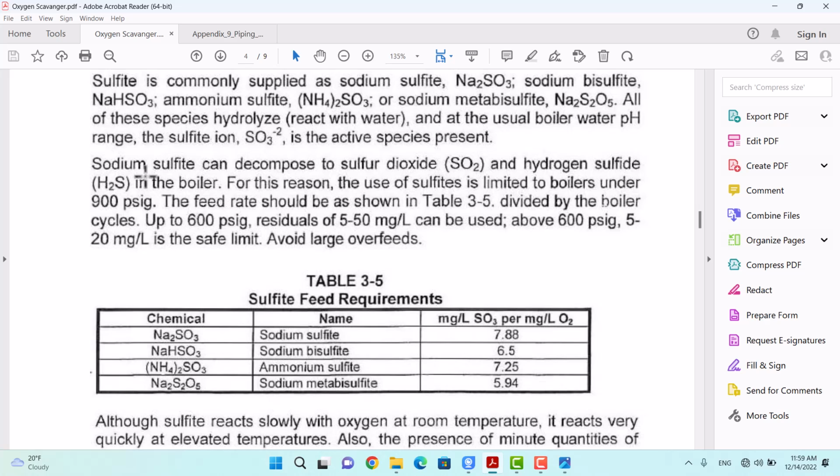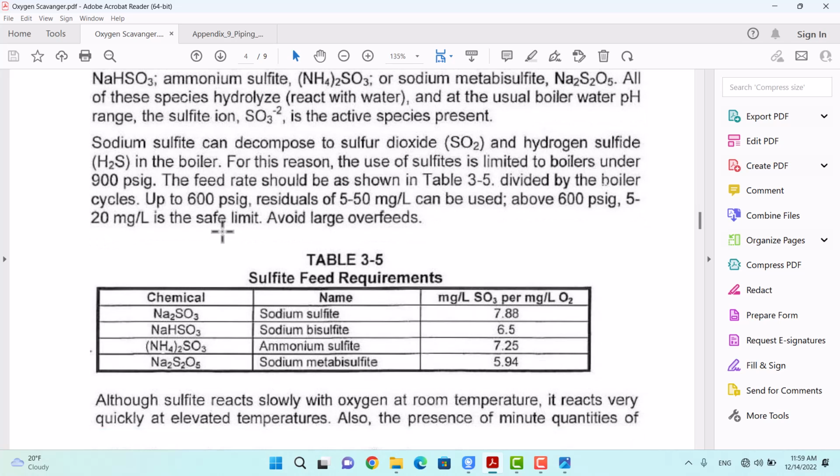Sodium sulfite can decompose to sulfur dioxide and hydrogen sulfide in the boiler. For this reason, the use of sulfite is limited to boilers under 900 psig. The feed rate should be as shown in table 3.5 divided by the boiler cycles. Up to 600 psig, residuals of 5 to 50 ppm can be used. Above 600 psig, 5 to 20 ppm is the safe limit. Avoid large overfeeds.